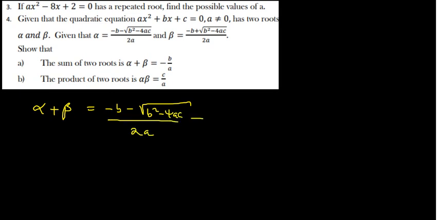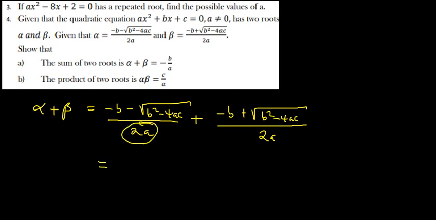We are adding beta. What is beta? Beta we've been given: negative b plus the square root of b squared minus 4ac, divided by 2a. Now the next thing, we need to just add these two.